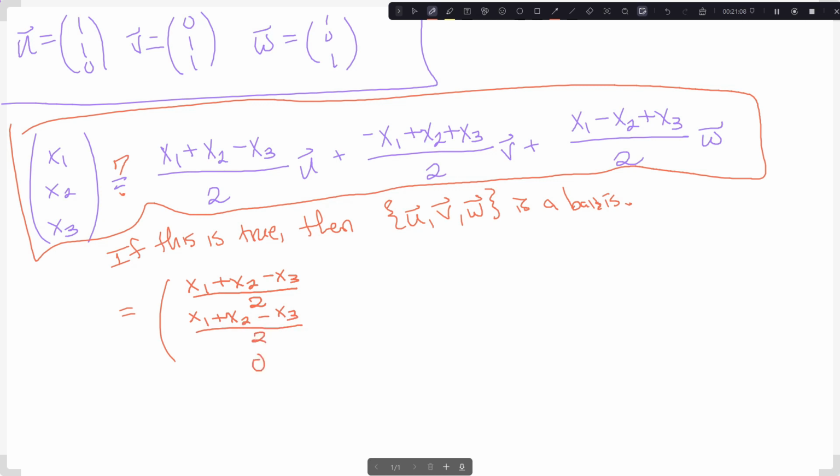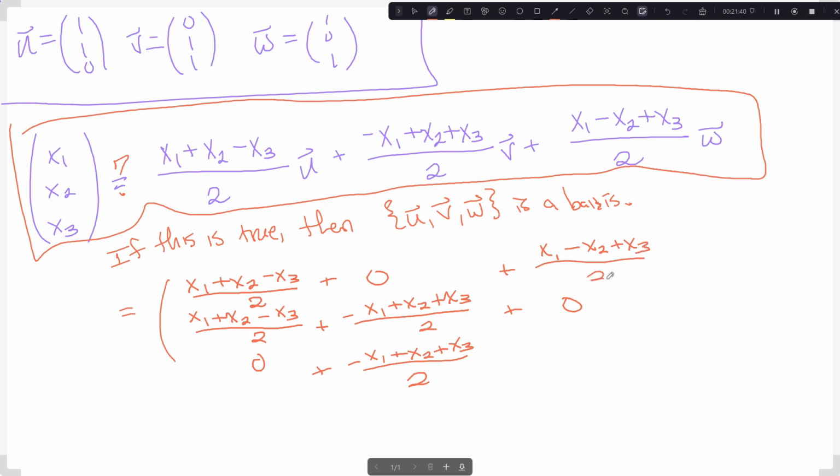V gives me 0 in the first entry and 1s in the next two, so I have (negative x1 plus x2 plus x3) over 2, (negative x1 plus x2 plus x3) over 2, and these are all added together, right? And then I do the same thing with w, which exists in the first and third entries. So I have a 0 here. Then (x1 minus x2 plus x3) over 2 plus (x1 minus x2 plus x3) over 2.